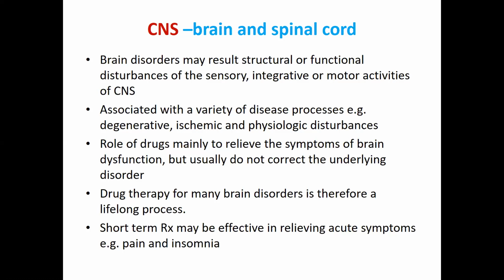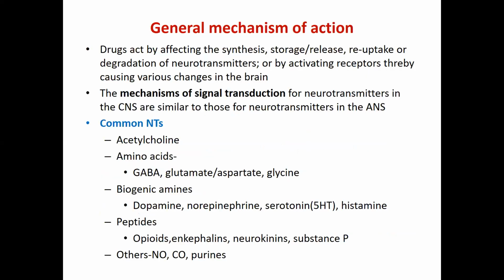Here is really nothing much. It's basically what we learned in third year. The drugs that we use for CNS disorders, just a brief introduction. The mechanisms of action are the same. Along the way, I will be emphasizing the areas that I want you to remember in terms of therapeutics.